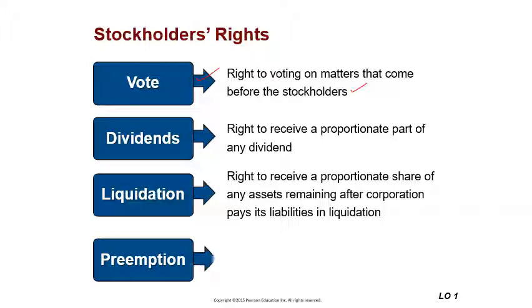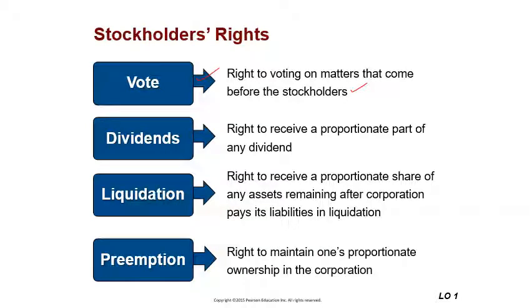And the preemptive right, which means the right to maintain one's proportionate ownership in the corporation. So if you own 1% of the total shares of the company, you own 1% of the company. So your decision making in the company is 1% as well.